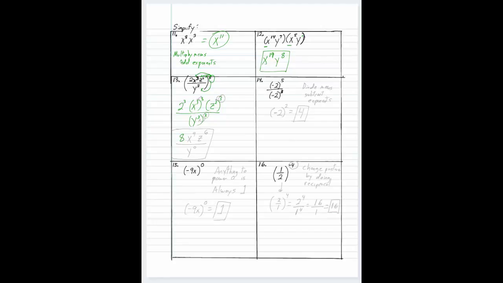When you have two exponents on the same variable, you multiply. So 3 times 3 is 9, becomes x^9. For the z, 2 times 3 is 6. And then y in the bottom, 3 times 3 is 9. And that is our answer.